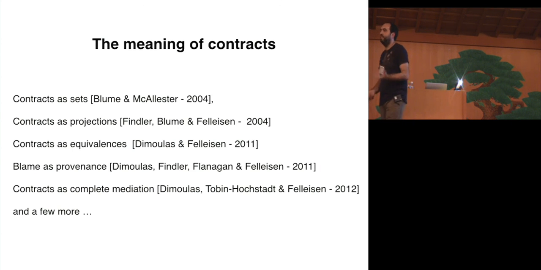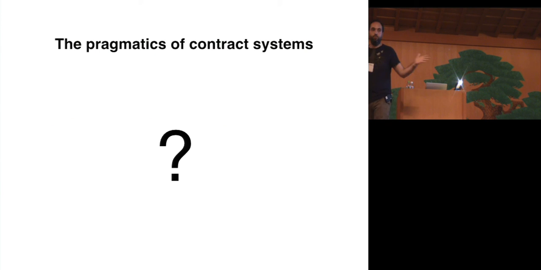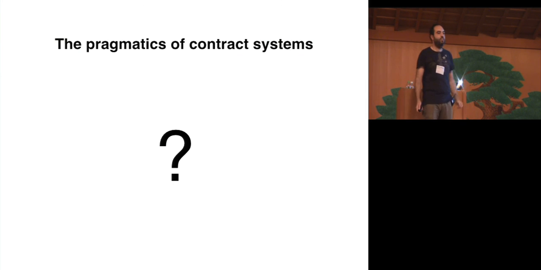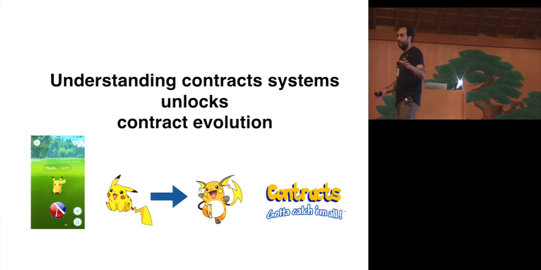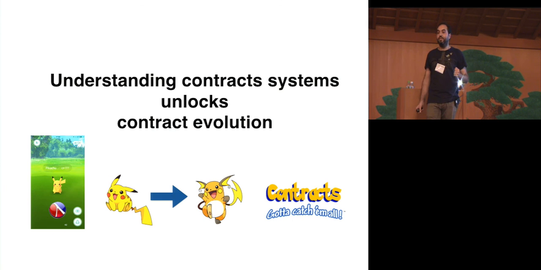It hasn't let us understand how we program. What is the equivalent of typeful programming? What is contractful programming, for instance? We don't know. And for that, and this is a call to all of you, the whole programming languages community, we need to investigate the pragmatics of contract systems. Because only if we understand contract systems and their pragmatics will we be able to unleash their power and help programmers more. Thank you.